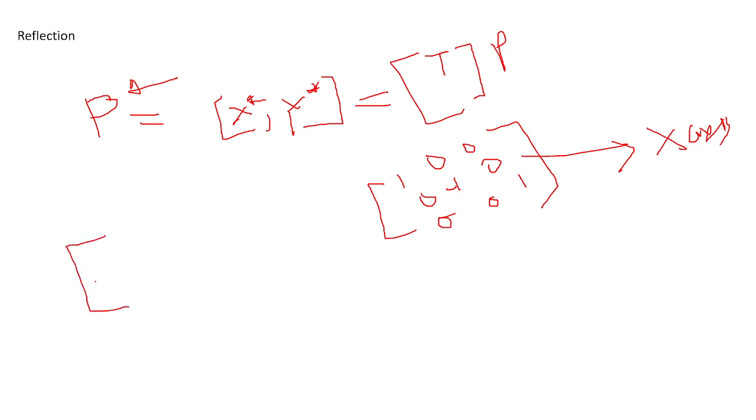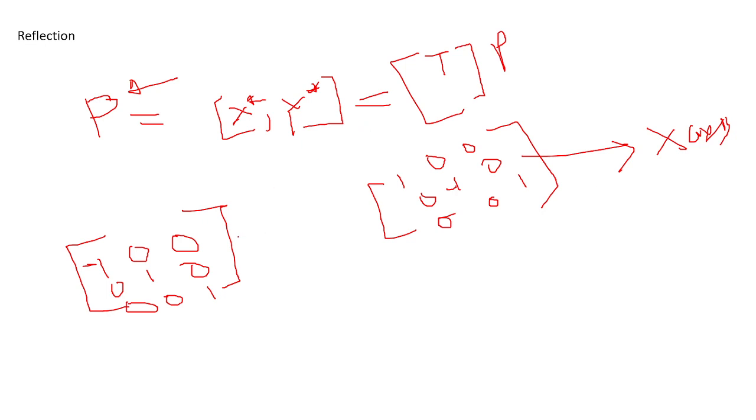So it will be minus 1 0 0, 0 1 0, 0 0 1. Okay, is it okay? Fine. So this is about the x-axis and this is about the y-axis.